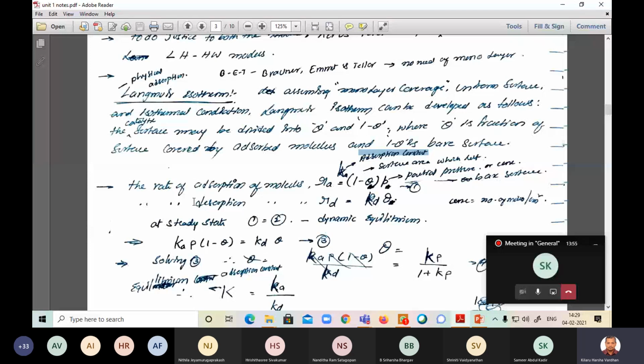So the rate of desorption is nothing but, the gas is adsorbed on the solid. Now the product is being desorbed from the solid surface which is occupied by the gas. Therefore, you get Rd, d for desorption, a for adsorption, right? Is equal to some Kd.